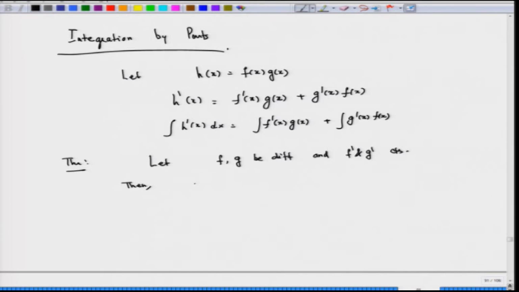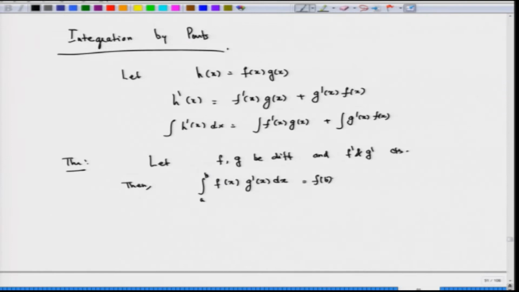So, what we get is that the integral from a to b of f of x g prime of x dx is equal to, look at the right hand side, this is nothing but the derivative of the product.